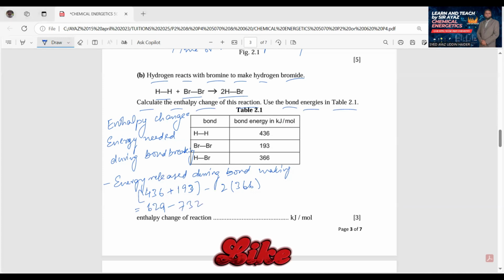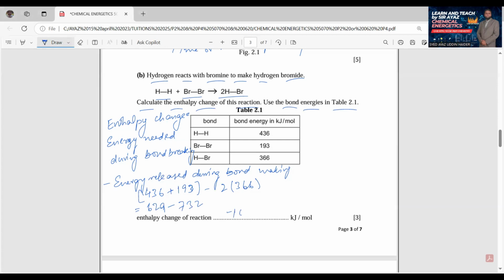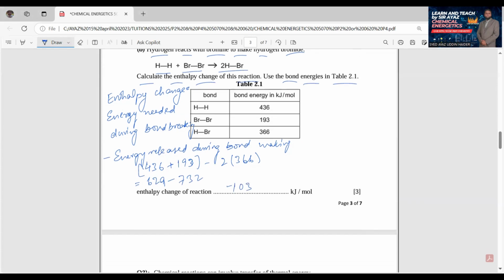So 629 minus 732 is minus 103. So minus 103 will be the answer for this question. This must be in kilojoule per mole.